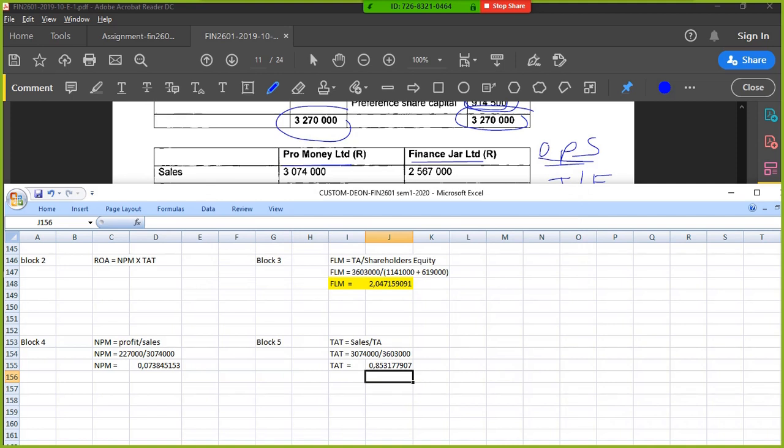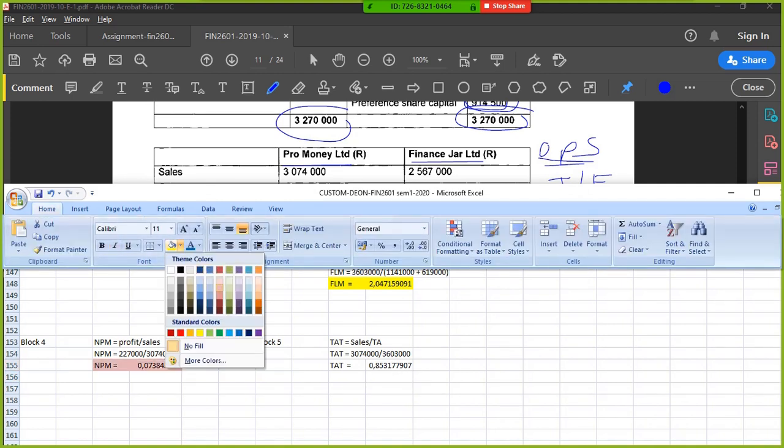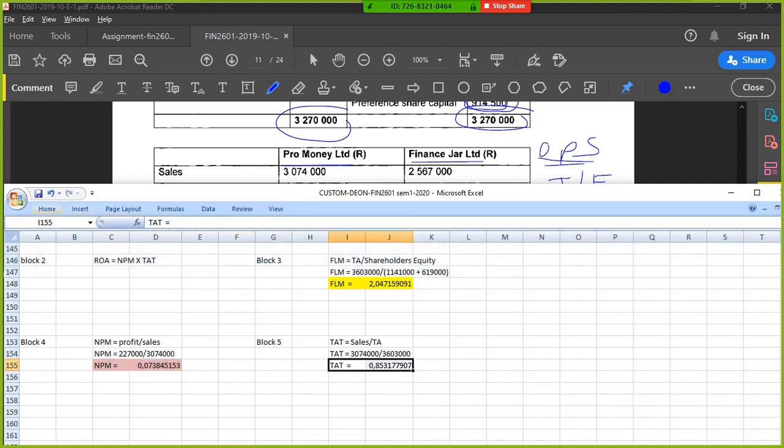Okay, there's my answers. I'm going to use those colors. Remember that diagram had a split? We've got block 4 and block 5 that make up that block. So let's work it out.